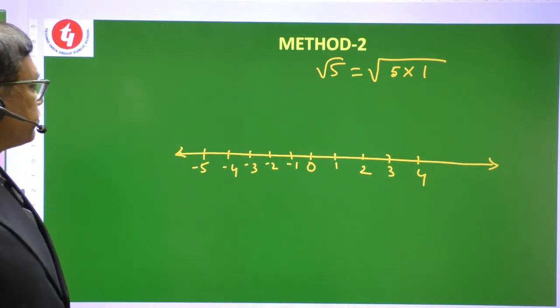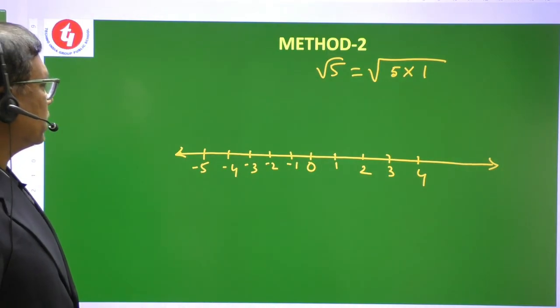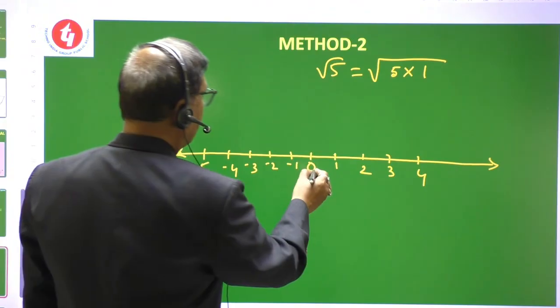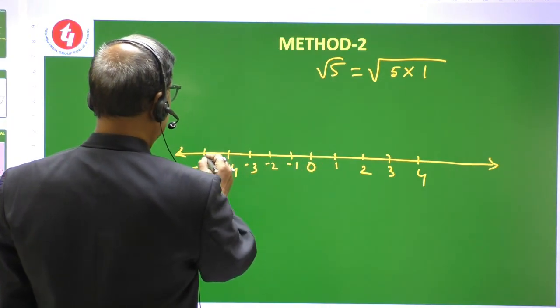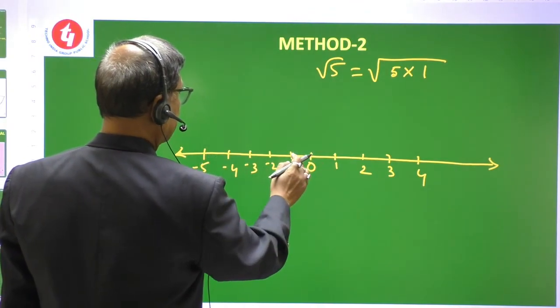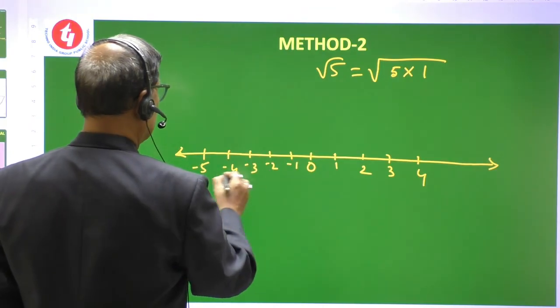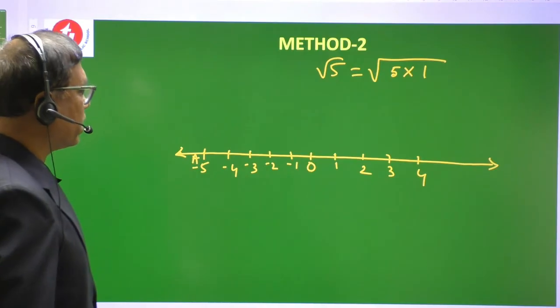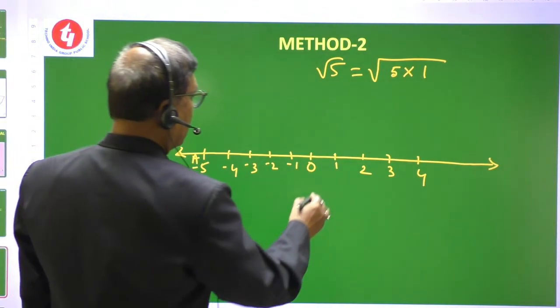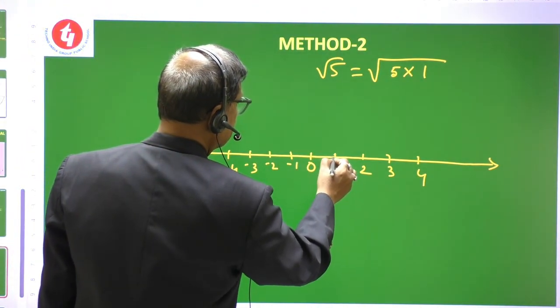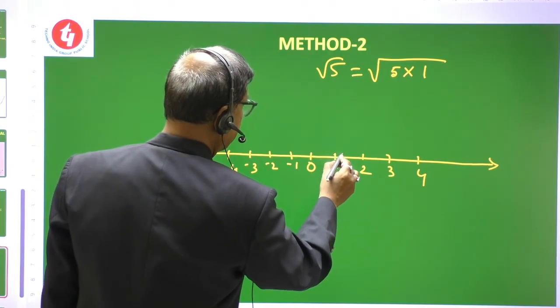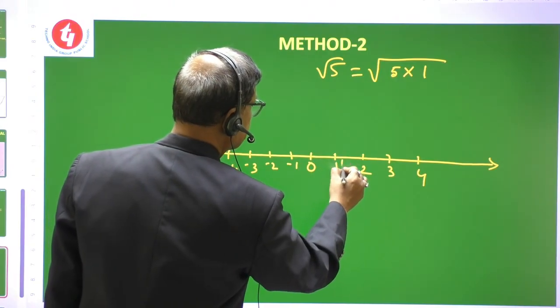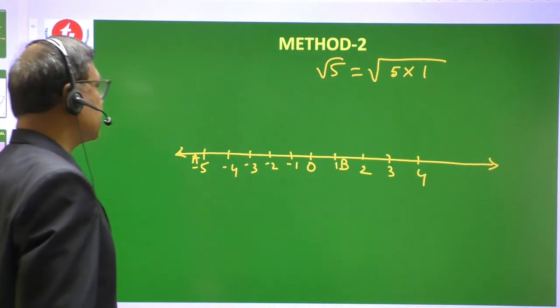So clear? Now from origin to this part is 5 units: 1, 2, 3, 4, 5. Suppose this point is point A. And from origin to this is 1 unit, so I am marking this as point B.